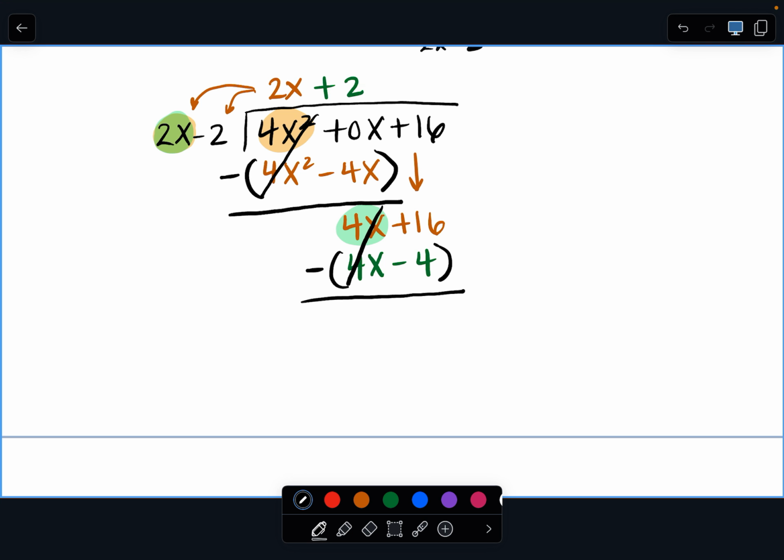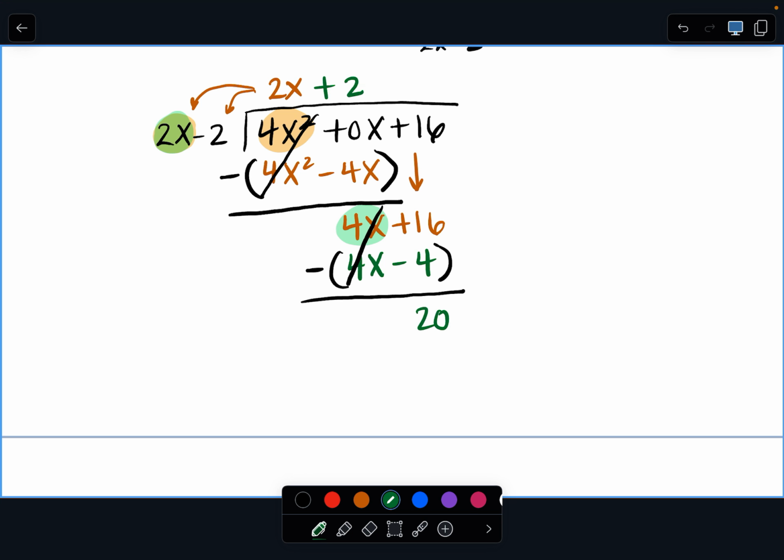16 minus negative 4 is going to turn into 16 plus 4, which is 20. Now, can I do anything that is not fractions, because we can't use fractions? We can kind of, but not really. Is there anything I can do with 2x to turn it into 20? Yes, Wyatt. What's a negative negative? Subtracting a negative number turns into a positive.